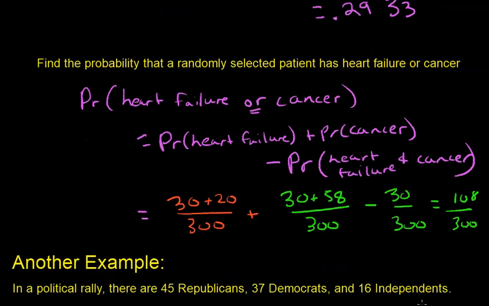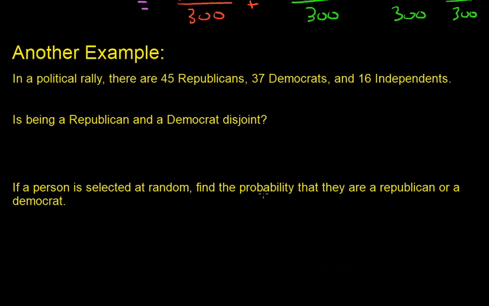Let's do one more example. In a political rally, there are 45 Republicans, 37 Democrats, and 16 independents. The first question: are being a Republican and a Democrat disjoint events?